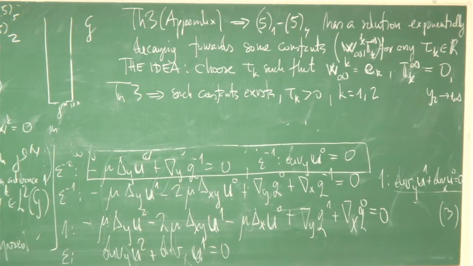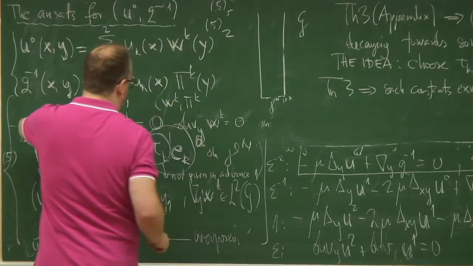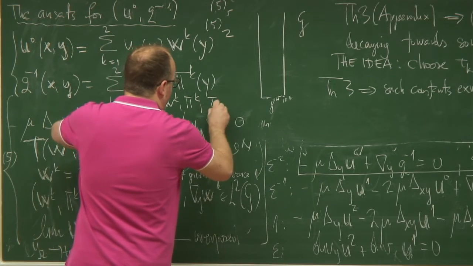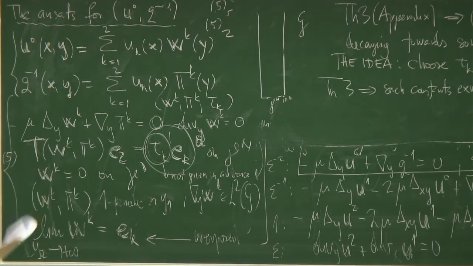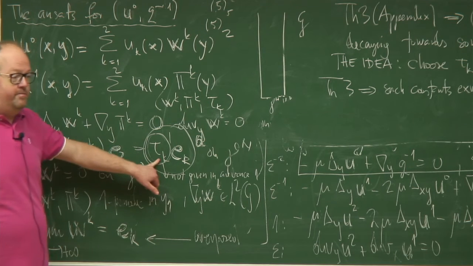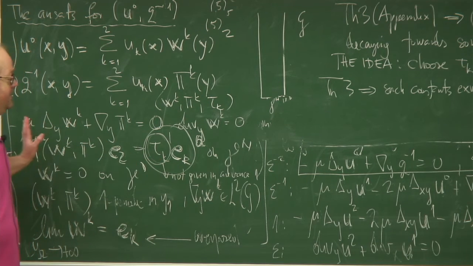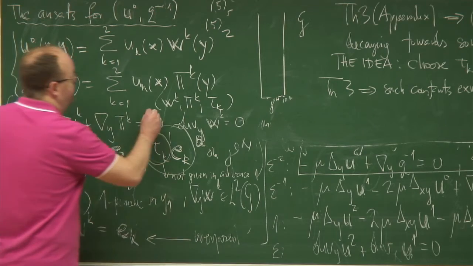So essentially from Theorem 3 we deduce the existence of the following triple. When we consider all this together with this condition at infinity, it is not essentially overposed because this is also part of the problem. So essentially we are looking for this triple.